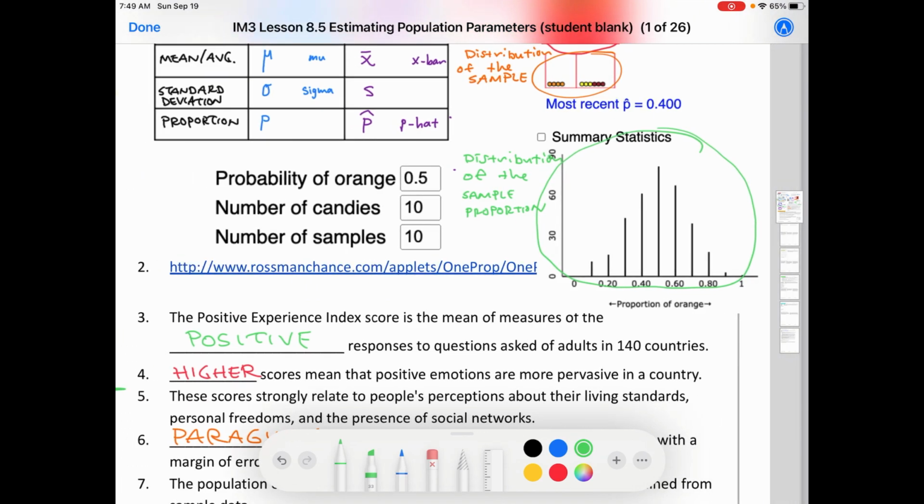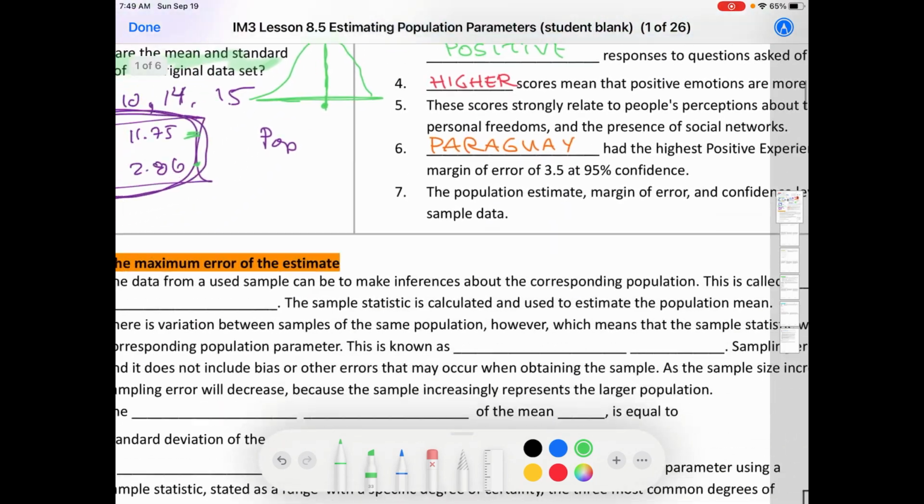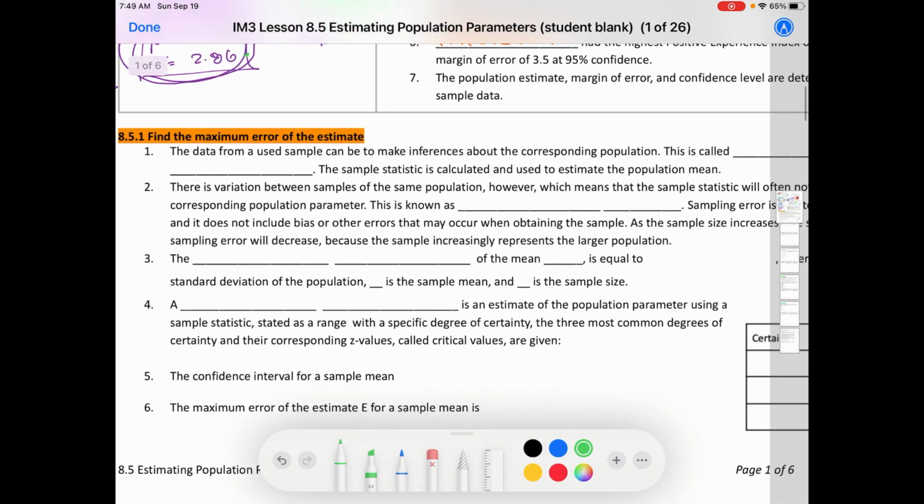All right. Let's go down now to 8.51, finding the maximum error of the estimate. Number 1, the data from a sample can be used to make inferences about the corresponding population.